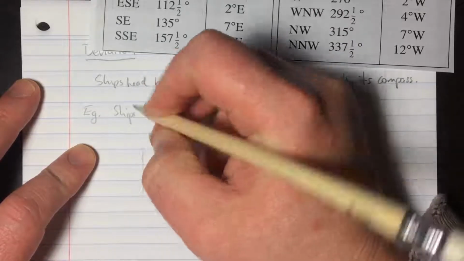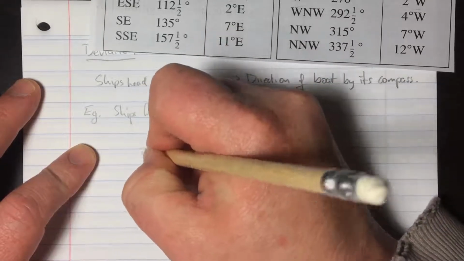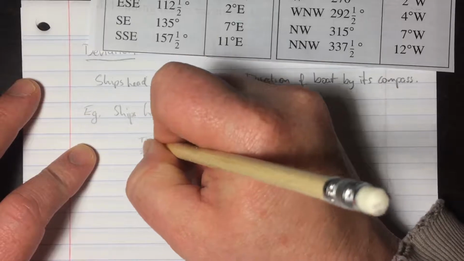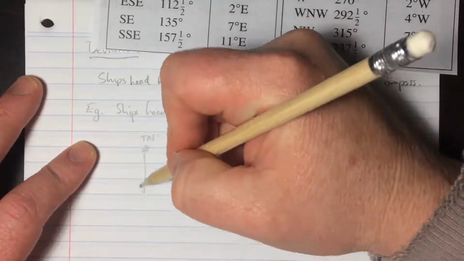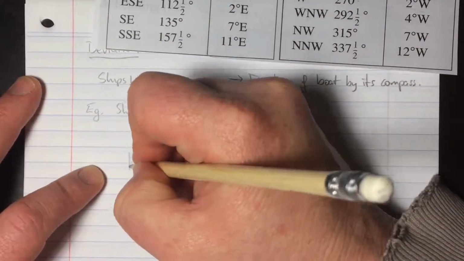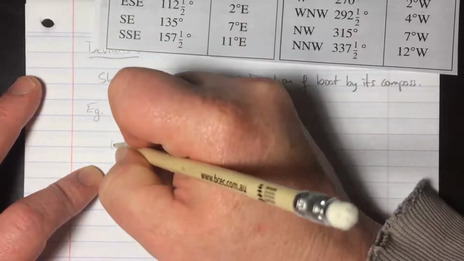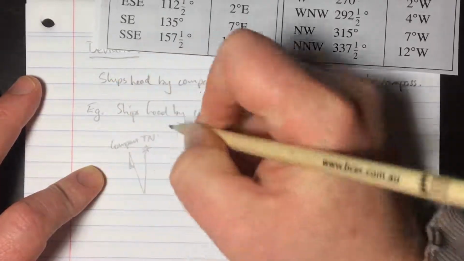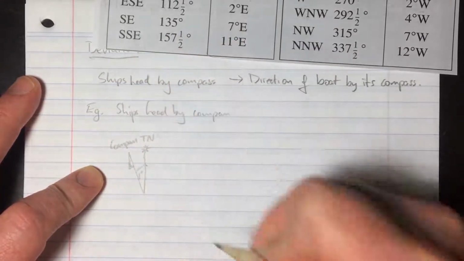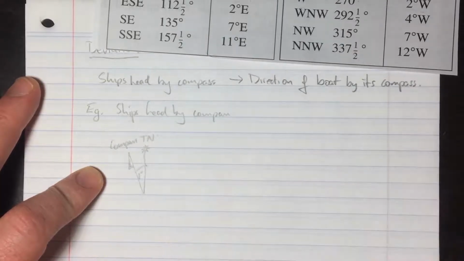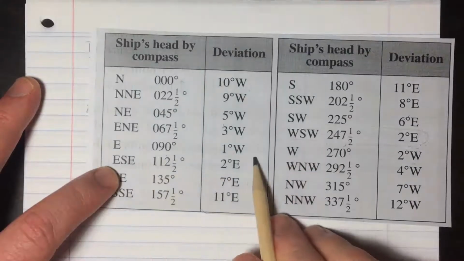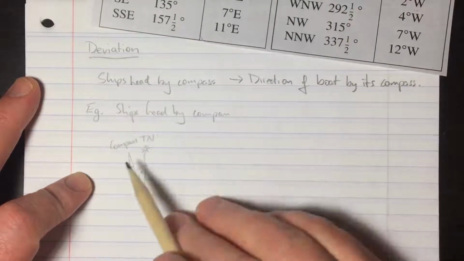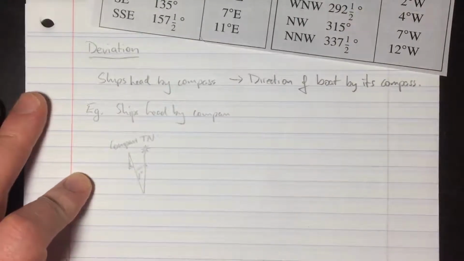So if this is true north, then the ship's compass would be 1 degree west of where it should be.